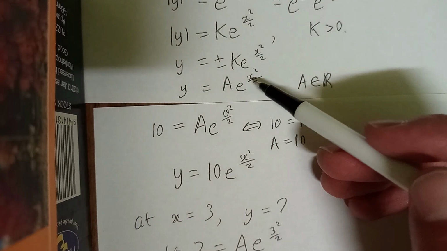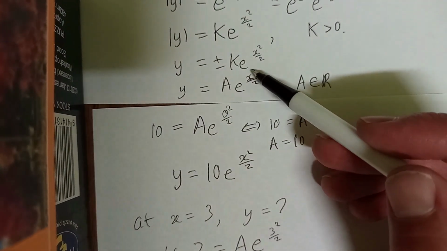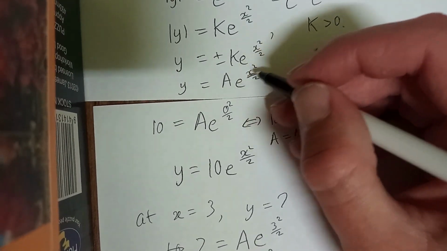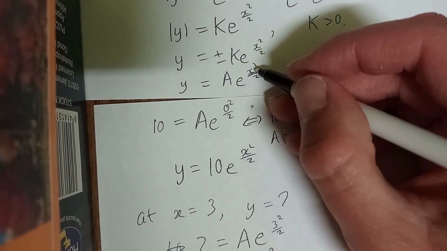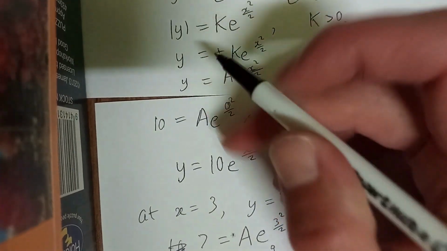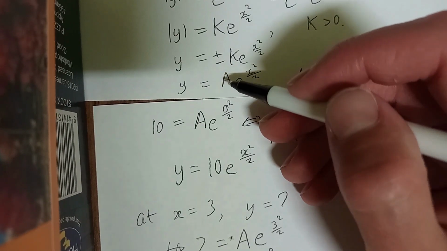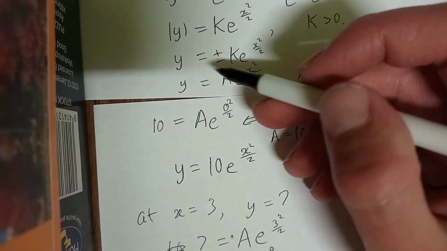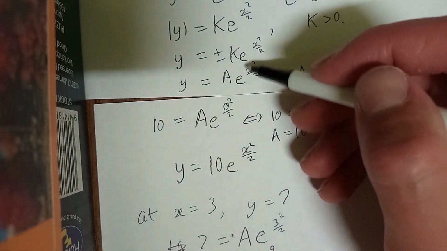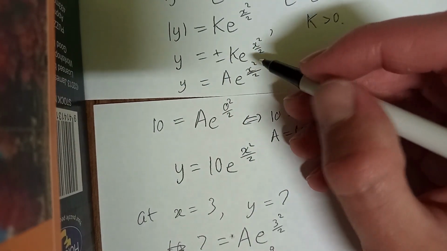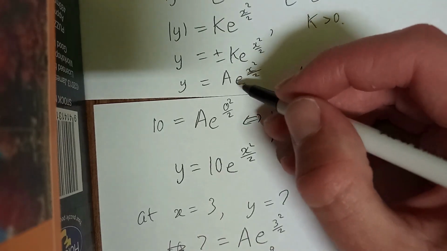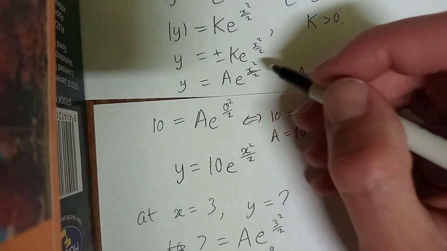That works whenever we end up having the exponential going to exponential of 0, which is 1. So then this term just vanishes and we're left with a equaling that value for y at x equals 0.